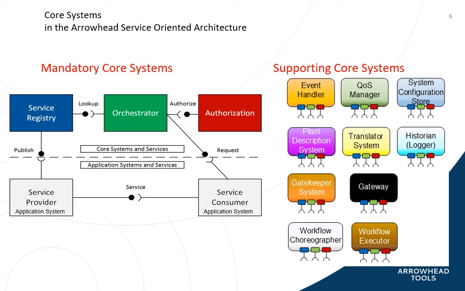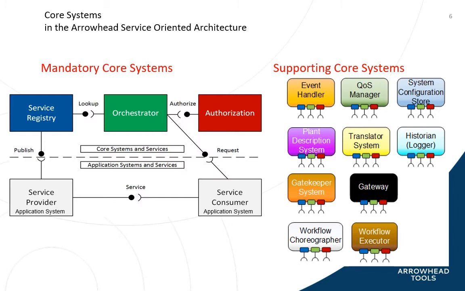Here on the left-hand side, you can see how this system of systems approach is addressed. You can see the mandatory core systems of Arrowhead, namely the service registry, where service providers register themselves, the orchestrator, where the service consumers ask for orchestration, ask for matchmaking for a given service provider, and the authorization and other security related core system.